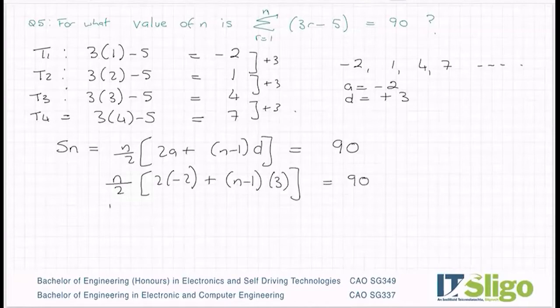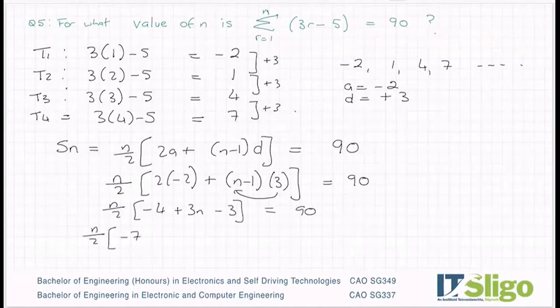So n over 2, 2 times minus 2 is minus 4, and then I'm going to multiply 3 by n, so that's 3n. 3 by minus 1 is minus 3. That's equal to 90. n over 2 times minus 7 plus 3n is equal to 90.